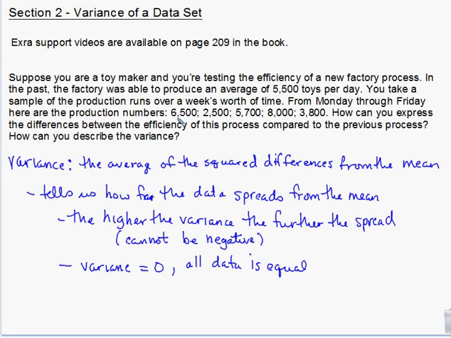You manufacture 6,500 on Monday, 6,500 Tuesday, Wednesday, Thursday, Friday, etc. Your variance would be 0 because there is no varying. You're exactly the same number every day. And the closer you are to 0, the closer your numbers are to being the same as each other. Does that make sense?